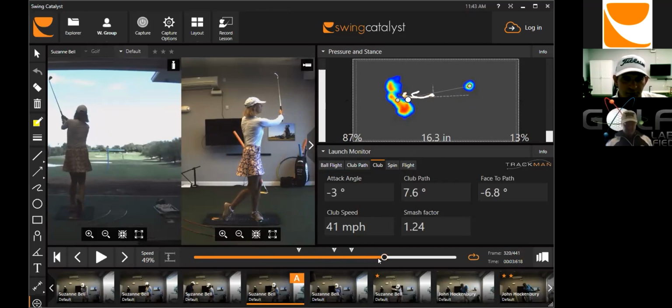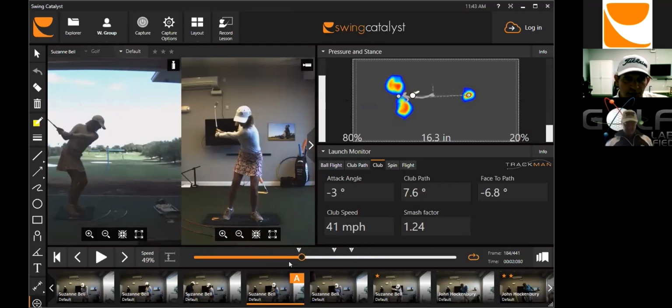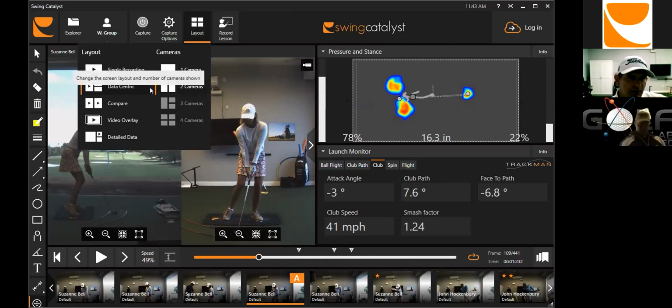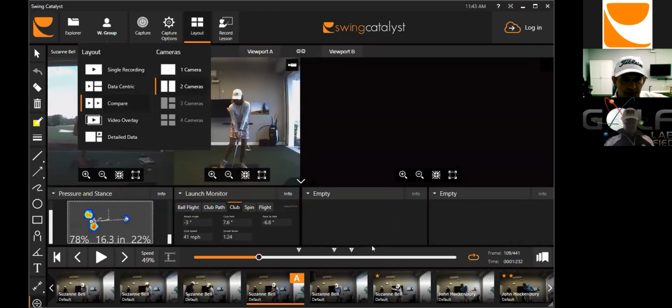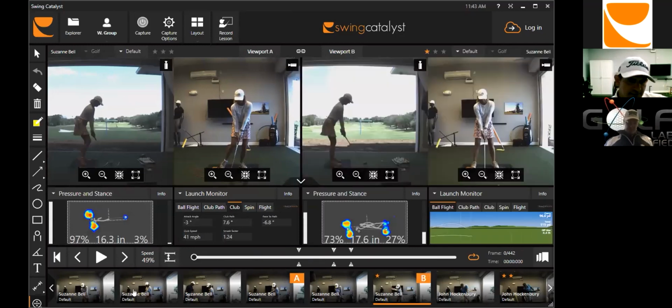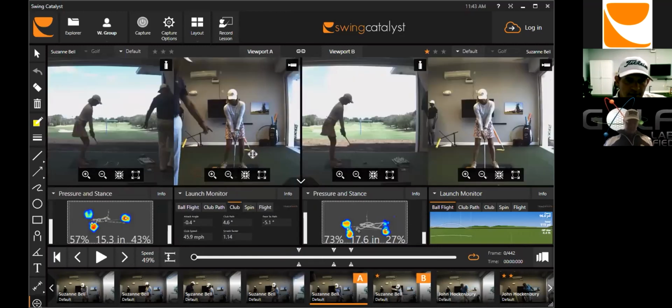So a couple of simple cues with that, just walking her through some things where she could turn into the athlete that she was. We use some of our really cool things here that we can do with SwingCatalyst. Change one more. This is her back in her normal golf stance.